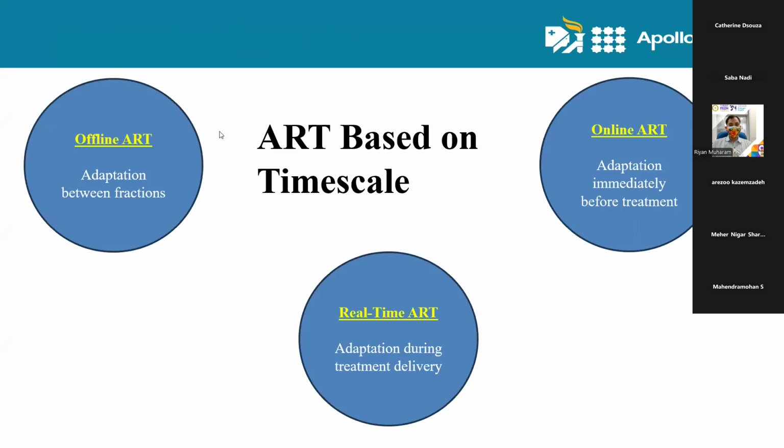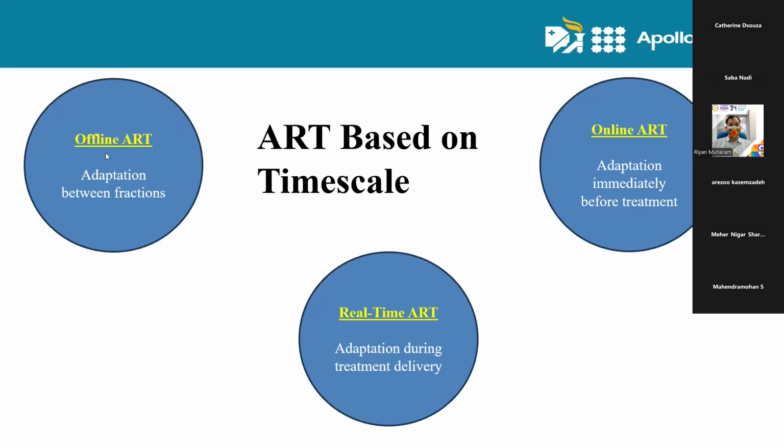ART can be classified according to timing. First is offline ART, where adaptation occurs between the fractions. Second is online ART, where adaptation occurs immediately before the treatment. Third is real-time ART, where adaptation occurs during treatment delivery.